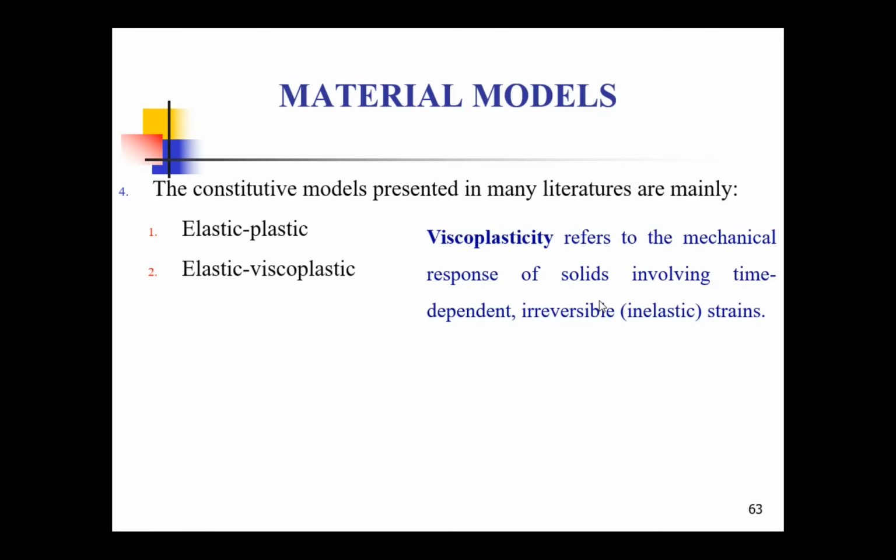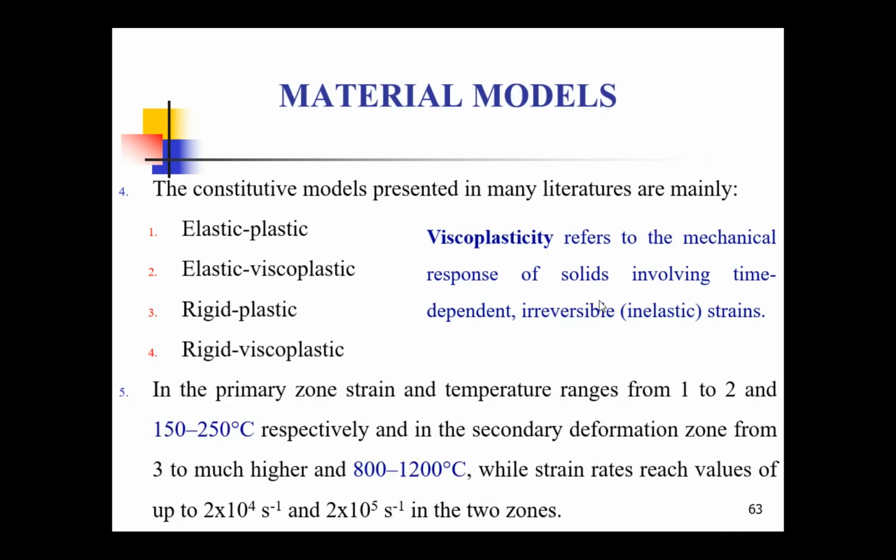The viscoplastic is time dependent and also irreversible in nature. Then we have rigid. Rigid means no deformation. In elastic, there will be deformation, but when I remove the load, it will come back to its original position. But in the case of rigid, it is zero deformation. Then we have rigid viscoplastic.